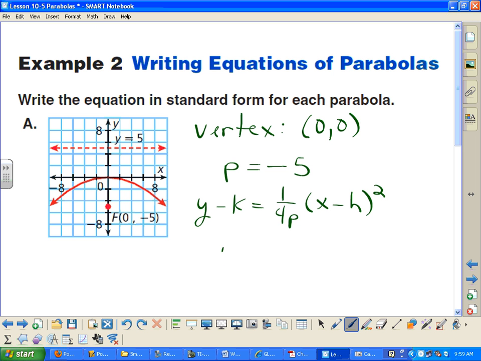So then I just plug in h, k, and p. So h and k are both 0. P is negative 5, and 4 times 5 is 20. So y equals negative 1 over 20 x squared.